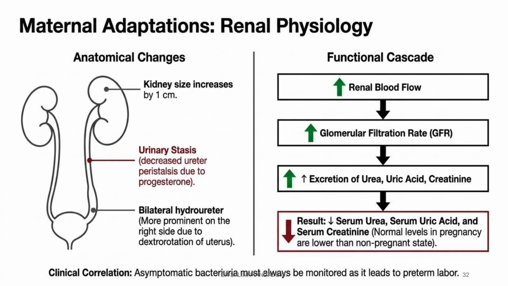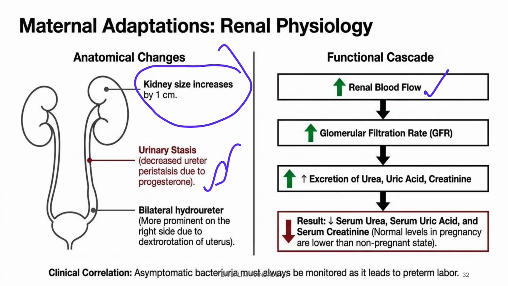Apart from that, let's talk about the renal physiology, wherein the kidney increases by 1 centimeter. Urinary stasis is also going to be there, again because of progesterone. Then bilateral hydroureter is going to be there, because there is going to be dextrorotation of the uterus. Apart from that, we know that blood flow is going to be increased, right?